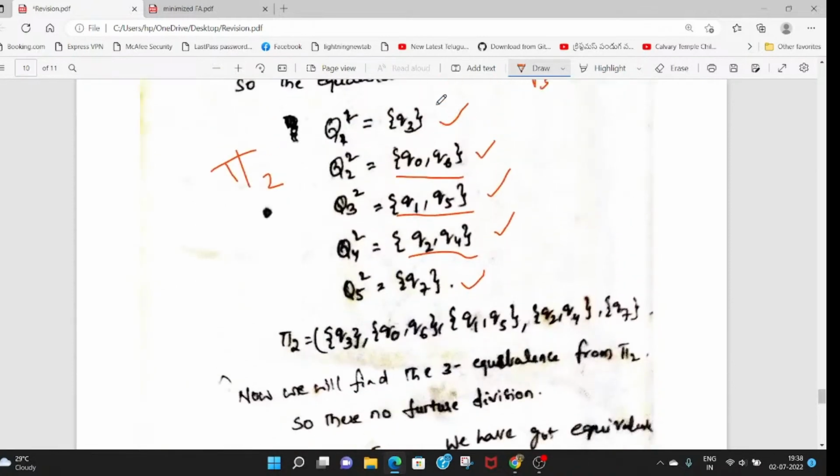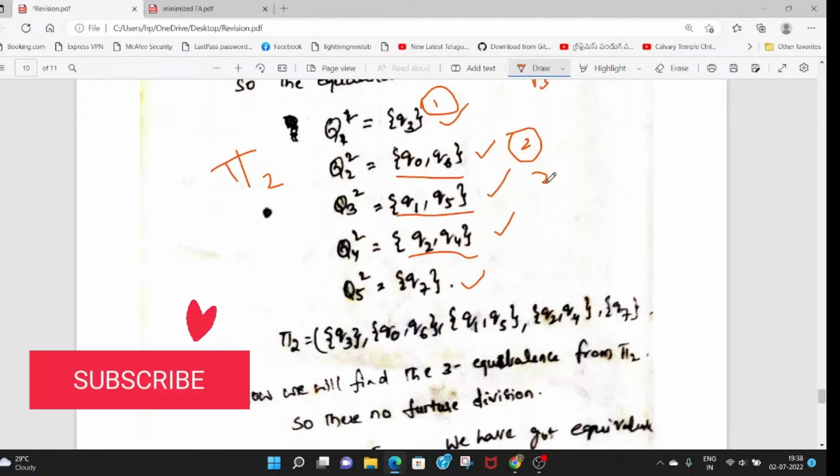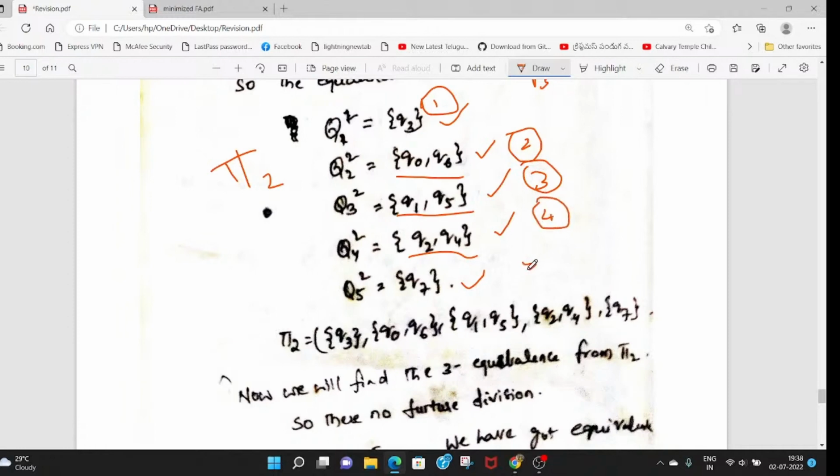How many states do we have? This is one state, and combined Q0, Q6 will form the second state, Q1, Q5 will form the third state, Q2, Q4 will form the fourth state, and then Q7 will form the fifth state. Initially we have how many states? Totally 8 states.